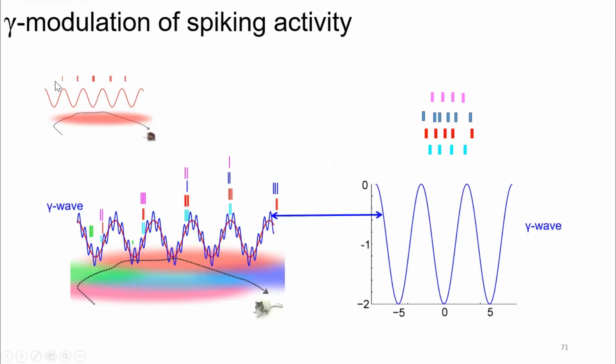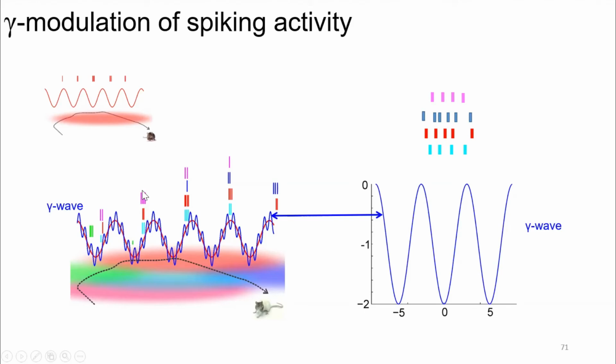Before, I said that spikes are produced at particular phases of theta, like here, here, here, here. But in reality, every preferred phase of spiking corresponds to a particular period of the gamma wave. So the frequency of gamma is about 8, 9 times higher than the frequency of theta, so I have about 8 or 9 gamma periods over each theta period.